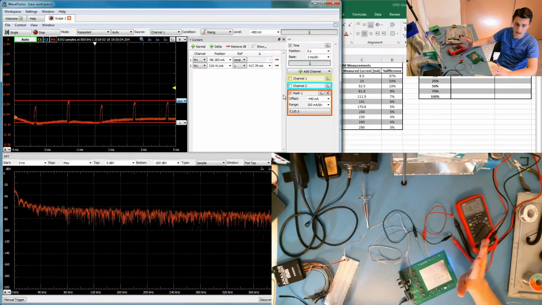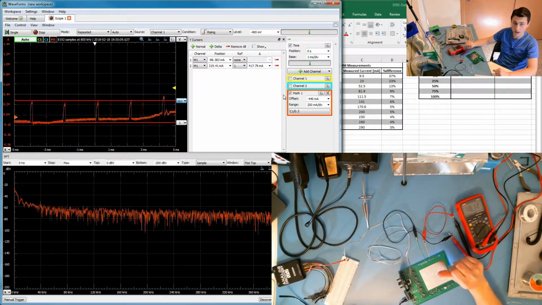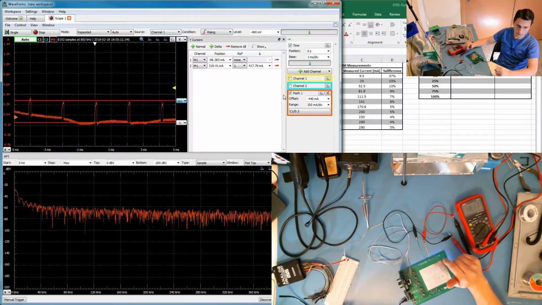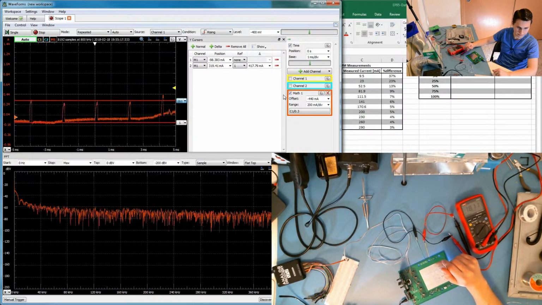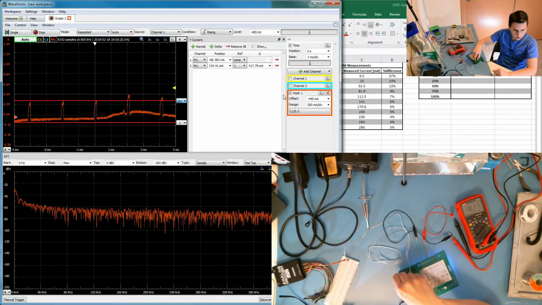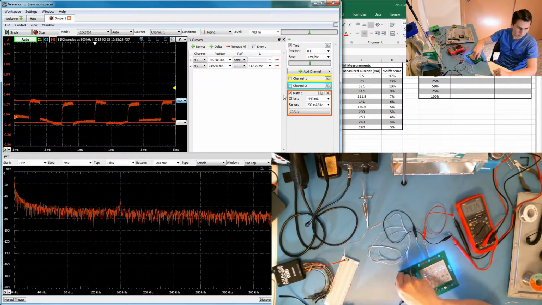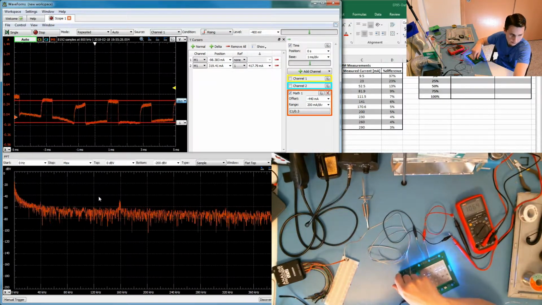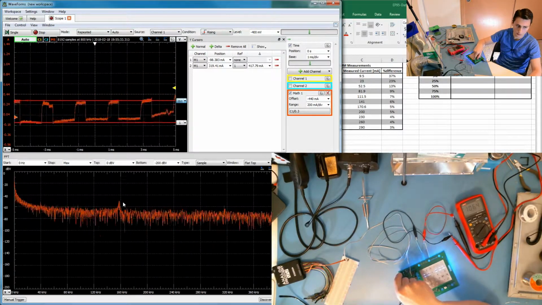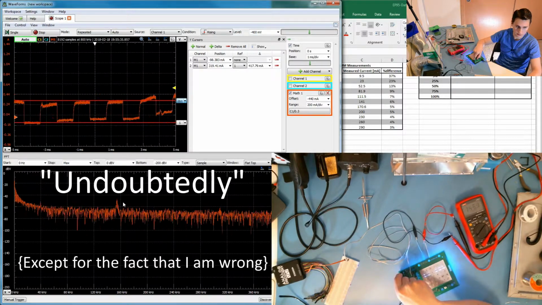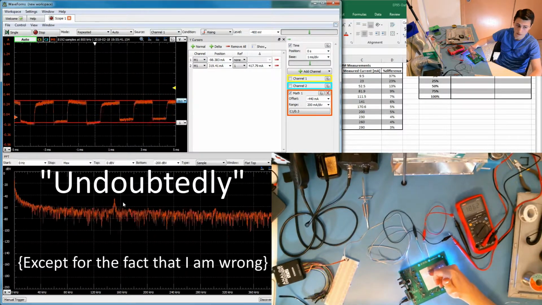I expected some sort of linear average that would then be used to dynamically change the set point, which may have been an unreasonable assumption at any rate. As I go ahead and increase this PWM, we can see on the frequency domain graph a clear peak at 160 kilohertz, which is undoubtedly the frequency where the switch mode power supply is switching.